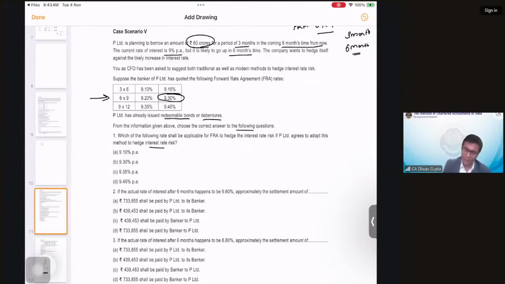So this we have already answered, students. This is 9.3. Because 6 by 9 is the relevant FRA, 3 by 6 is not relevant. Why? Because you are not going to invest after 3 months for 6 months, right? Similarly, 9 by 12 is also not relevant, students. So only 6 by 9 is relevant, and that will lead to 9.3% interest rate.